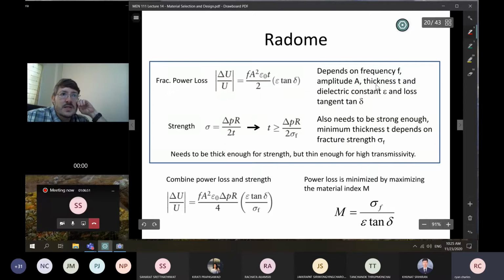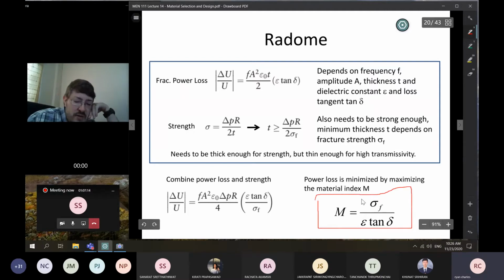This depends on the frequency and the amplitude and the thickness, the dielectric constant, and the loss tangent, tan delta here, right? And the strength, right? And so we could try to put all of this math together and we get this. We get this as a material index.